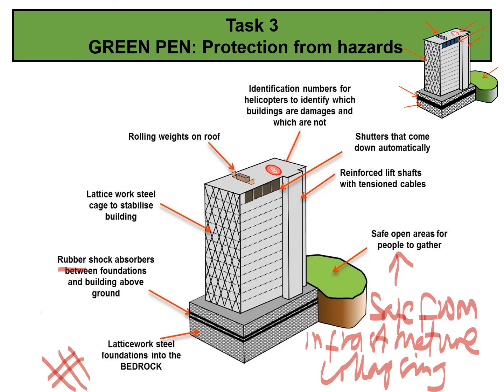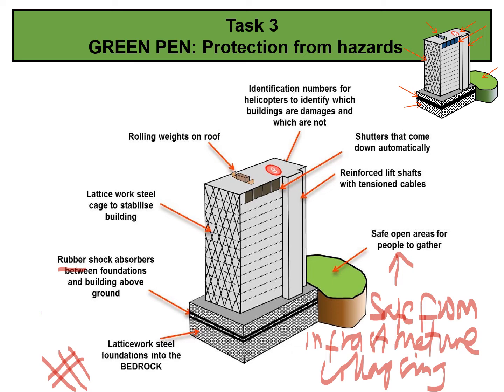And then they also have rolling weights on the roof. Basically what this does, so they are computer controlled, and what they try and do is that if the building starts to sway, the weights move in the opposite direction.